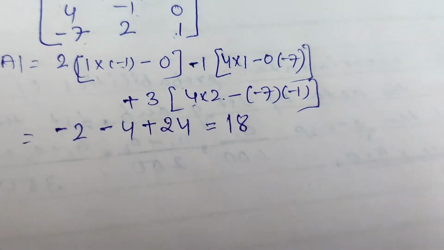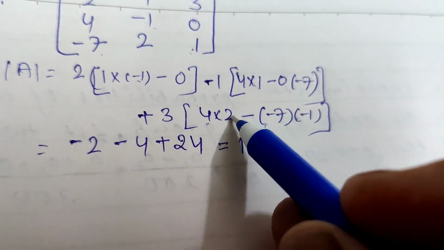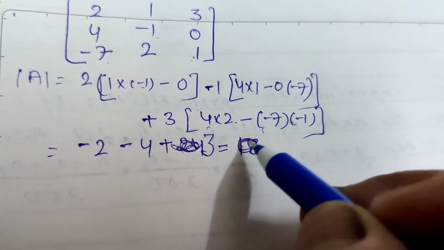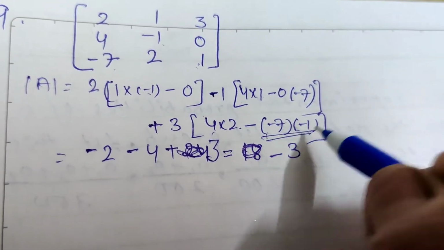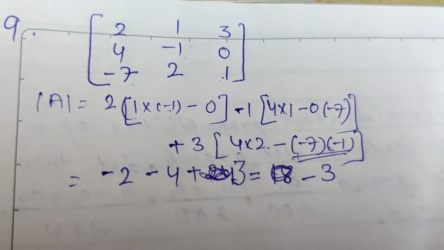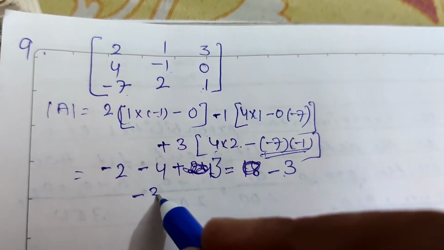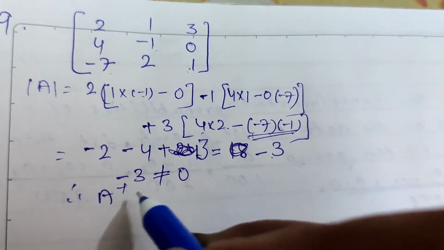It is equal to 7. 8 minus 7, it is 1, it is 3. Minus 6, 3, minus 3. The determinant A equal to minus 3, it means minus 3 is not equal to 0. Therefore, A inverse exists.